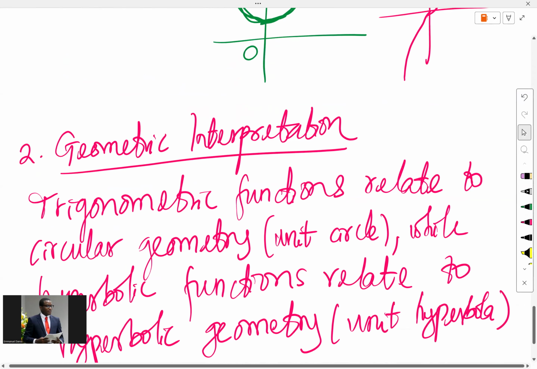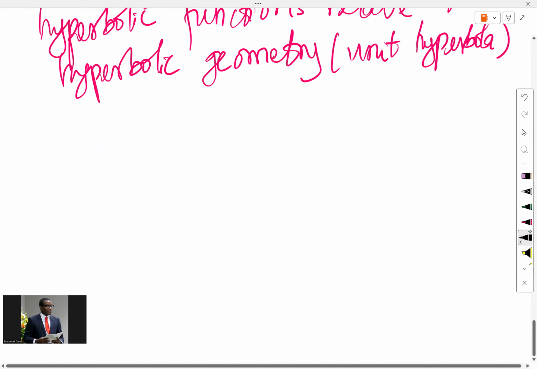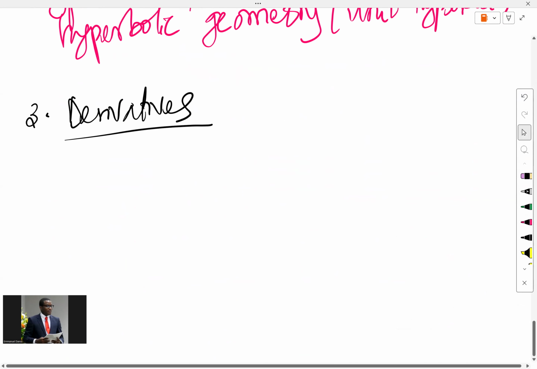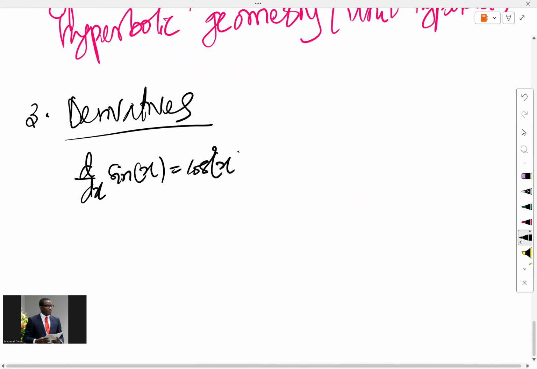All right. Then we have the third point, which is about their derivatives. If we talk about their derivatives, we see that d/dx of sin x is equal to cos x. That's for trigonometric functions.